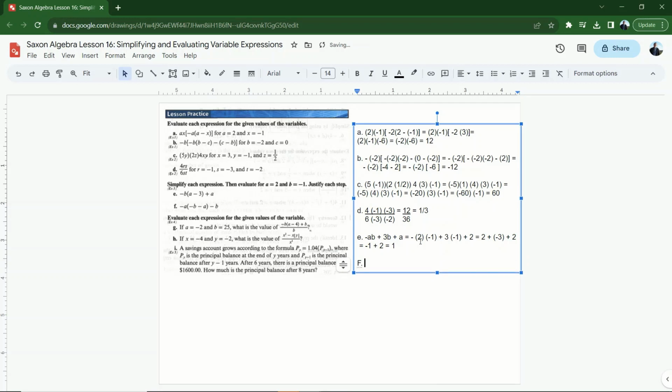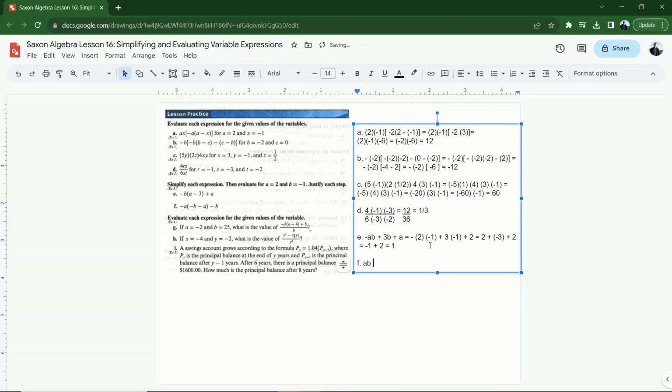Let's take a look at F. In letter F, we have the same situation going on. The first thing we're going to do is distribute the -a to -b minus a. When I distribute that, the -a is going to become positive when it multiplies anything negative, and both things in parentheses here are negative. So -a times -b becomes ab. I can't simplify it any further, a times b.